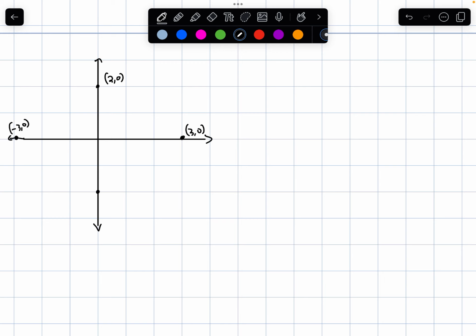And then down here we'll come to (0, -2). So what we should have here is more of an ellipse than a circle. So we'll go around and it's sort of like the circle's been stretched out a little bit.